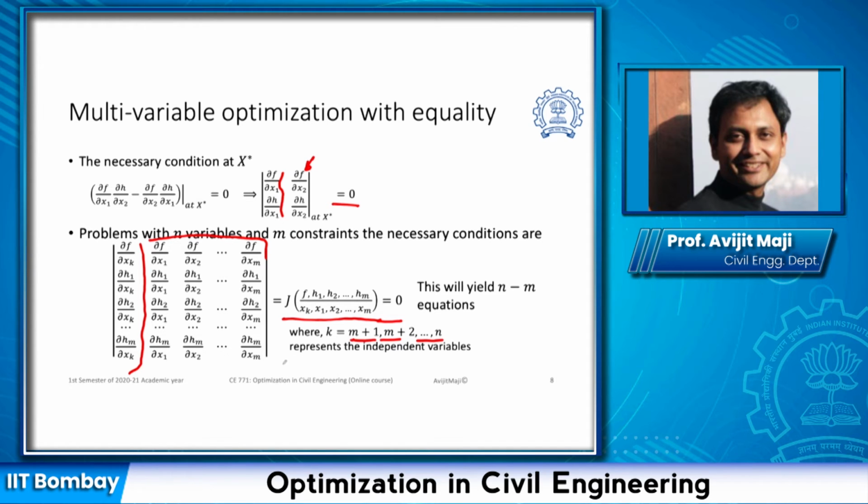Hence, if you look into the matrix, we are going to generate m plus 1 to n number of matrices, which is going to be like this, and that is why we are saying it is going to yield n minus m equations.